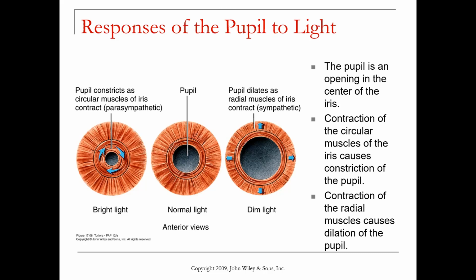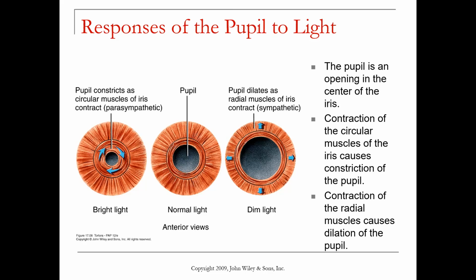If we are in normal light, outside daylight, or maybe in a hallway where the light isn't as bright, our pupil enlarges, but not a lot. Again, just enough light to come in to allow the retina to do its job. The pupil will enlarge when we go from bright light to what we would consider normal light.